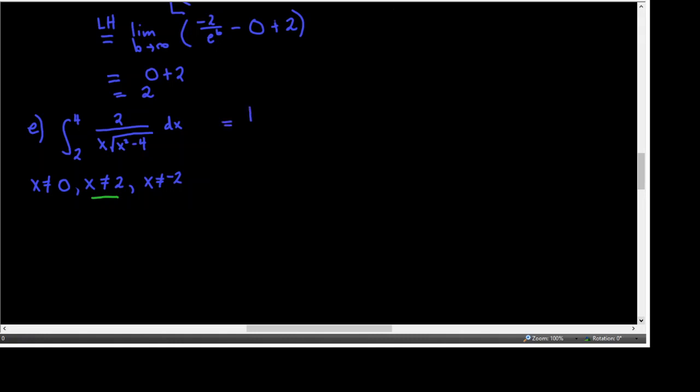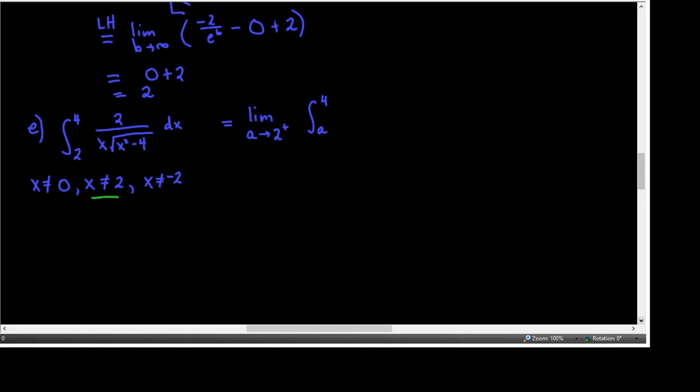So we will rewrite that improper integral, improper because 2 is a discontinuity. Since that's in the lower bound position, I'm going to call it A, and A will be approaching 2 from which side? Well, since we're between 2 and 4, we're on the upper side of 2, so we'll be approaching 2 from the right of the definite integral from A to 4, which is not improper anymore.